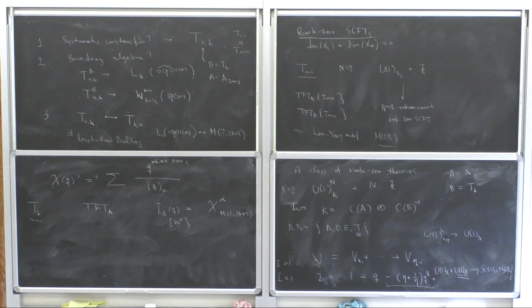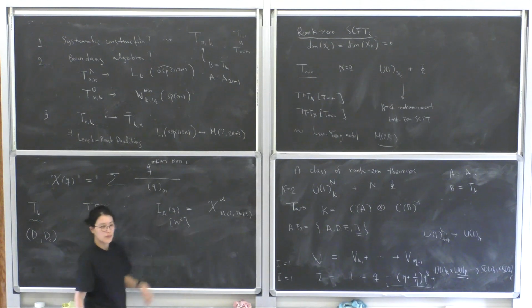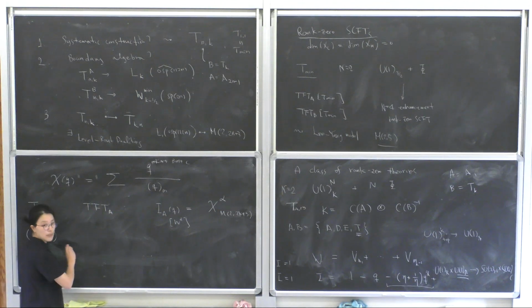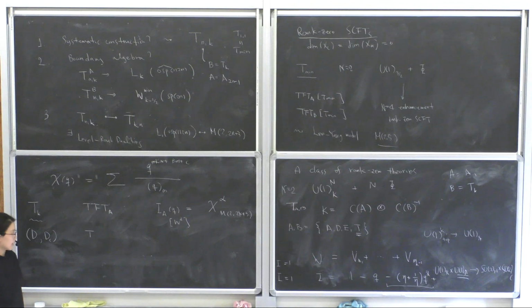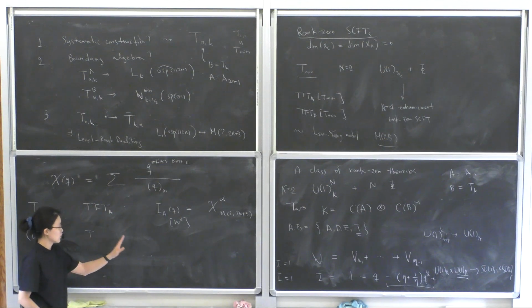This strongly suggests that if you impose a Dirichlet boundary condition, it's actually Dirichlet, exceptional Dirichlet and Dirichlet. Dirichlet is for the vector multiplet, and exceptional Dirichlet means that we set this to some non-trivial number C, which is non-zero. When we do that, it reduces to the Virasoro minimal model characters. For TFT_B, W_alpha is some choice of Wilson loop that we expect to correspond to the simple lines in the IR.